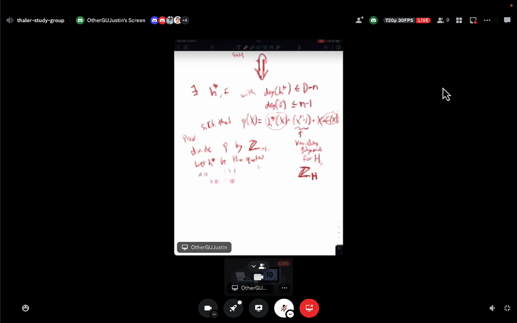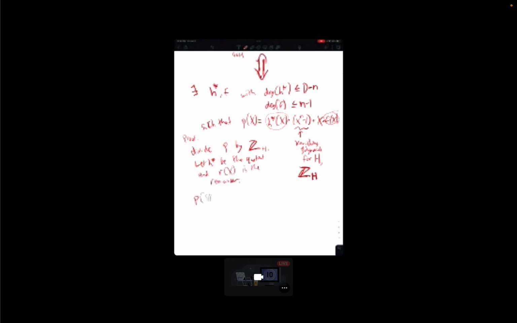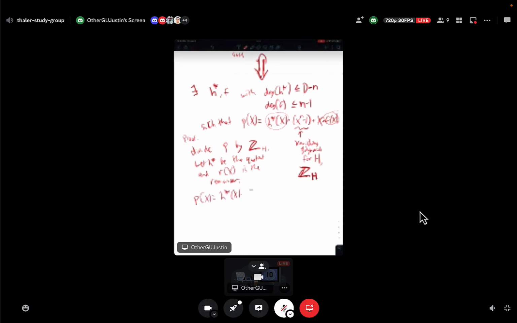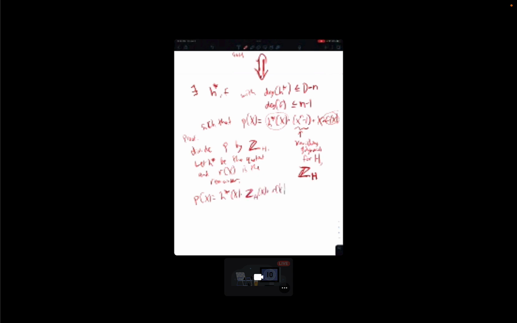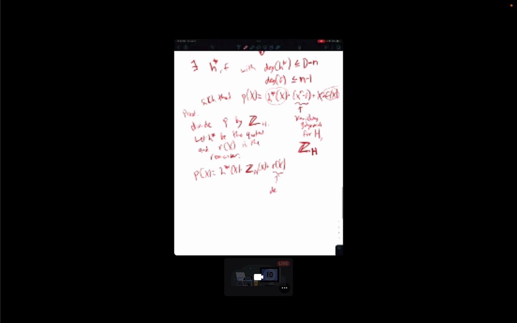So that means P equals H star times the vanishing polynomial plus R. And we're guaranteed that the degree of R is at most N minus 1, which means the book doesn't actually have a typo. Sorry, it does not have a typo.